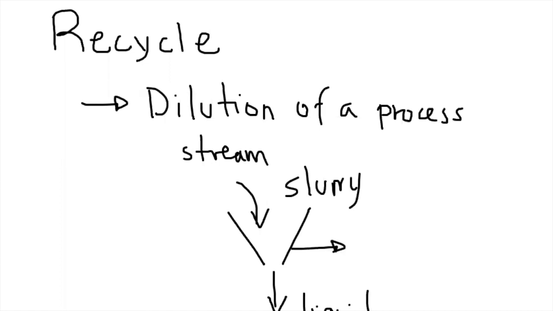And then probably here we have solid. But this solid is very, very difficult to actually transport. So probably we're going to input some recycle of the liquid into the solid, right? In order to dilute this stream.